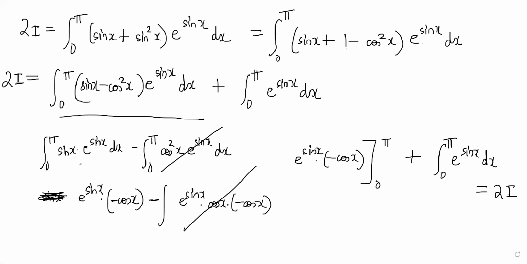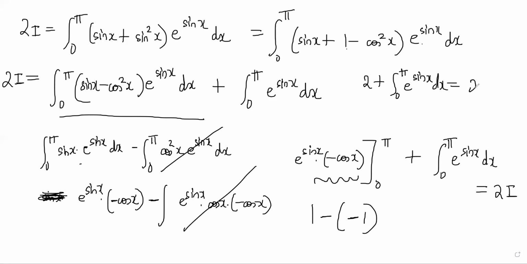It is 1 minus minus 1, which is 2. So 2 plus this integral 0 to pi e power sin x dx is equal to 2I.